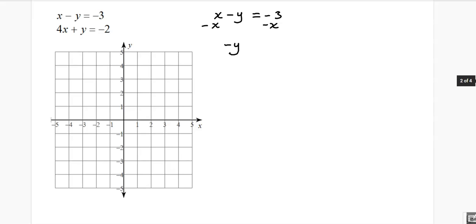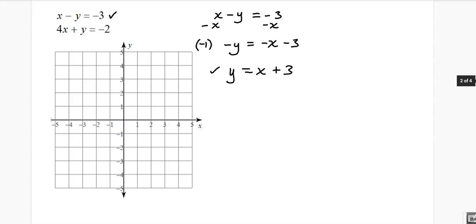That gives me negative y equals negative x minus 3. Then I'm going to distribute a negative 1 through the entire row, which changes everybody's signs. So I now have a new equation that is really the same graph, but it's written in an easier form to graph.